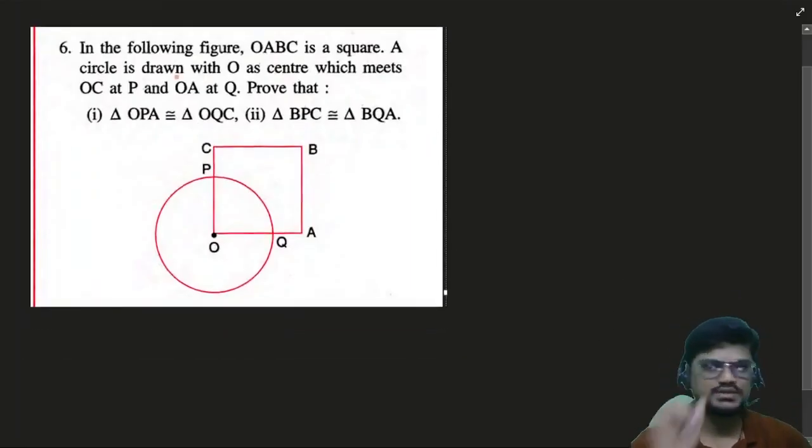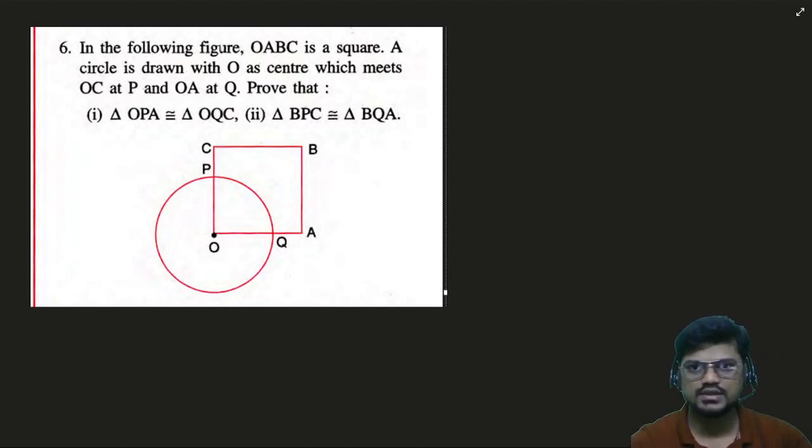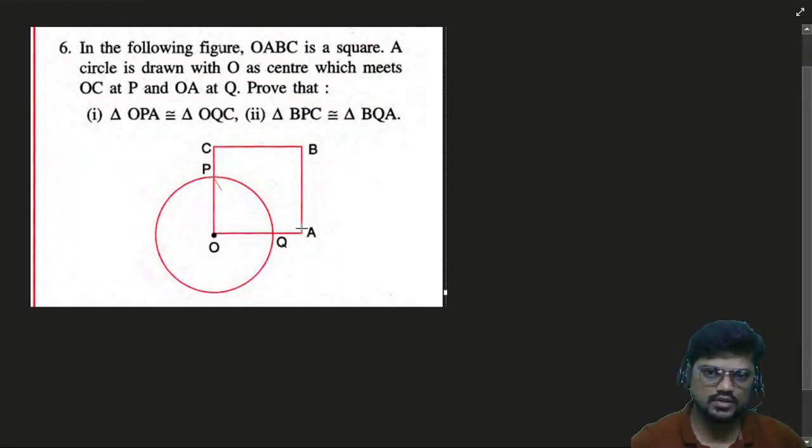Now, in the following figure, OABC is a square. A circle is drawn with center O which meets OC at P and OA at Q. Prove that triangle OPA is congruent to triangle OQC.